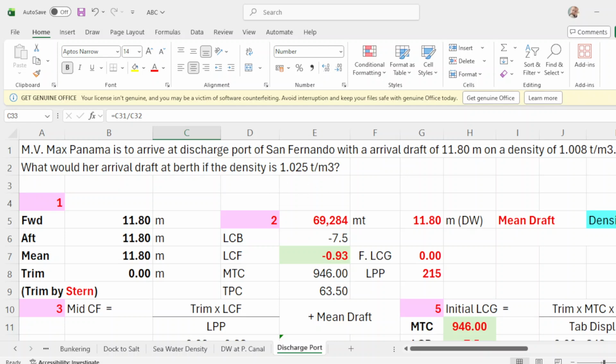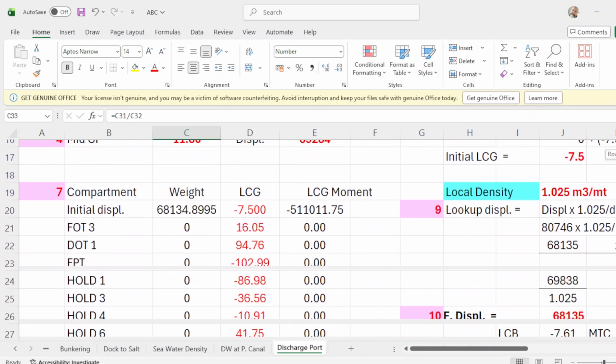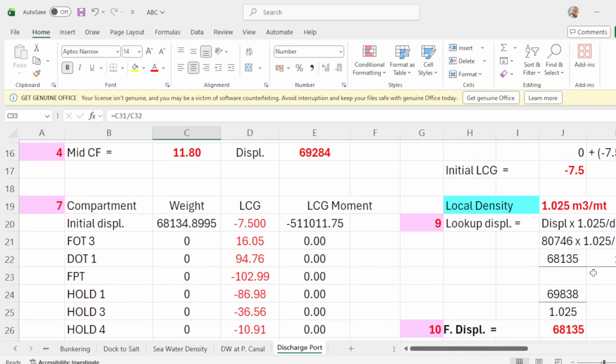So this is the DD, your local density, which is this one.